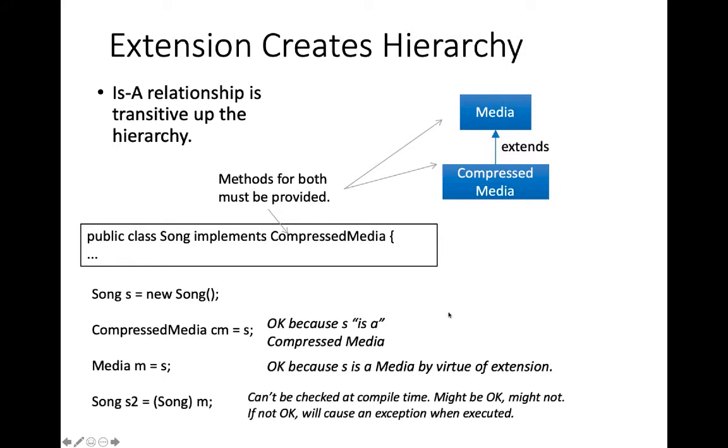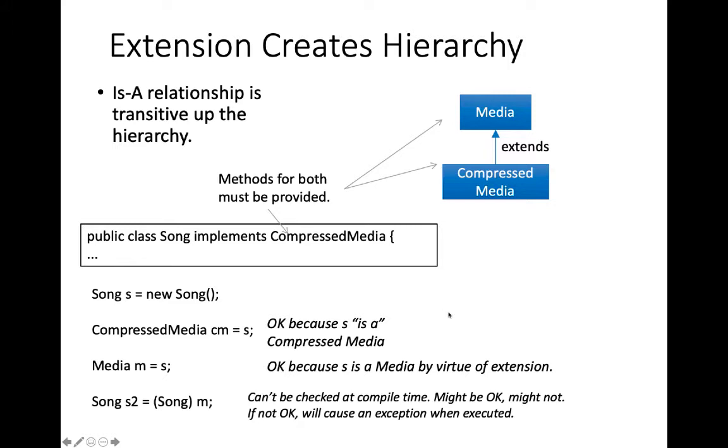I know it's valid for CompressedMedia because it's in the declaration, but I also know it is valid for Media because when I declared CompressedMedia, I declared it as an extension of Media. By that transition through the hierarchy, a Song object also has an is-a relationship with Media.